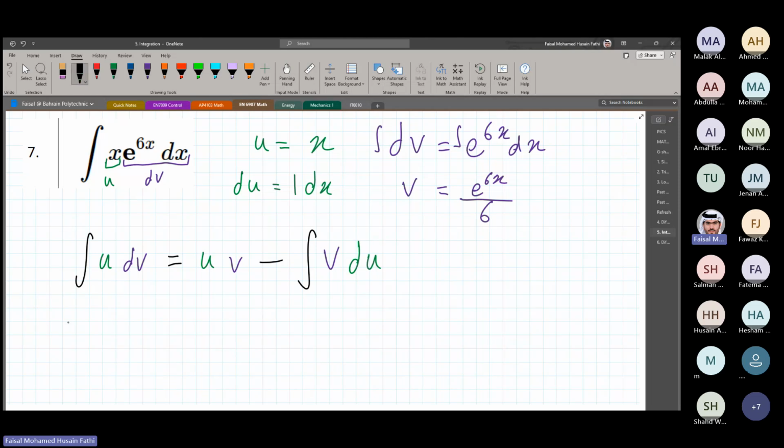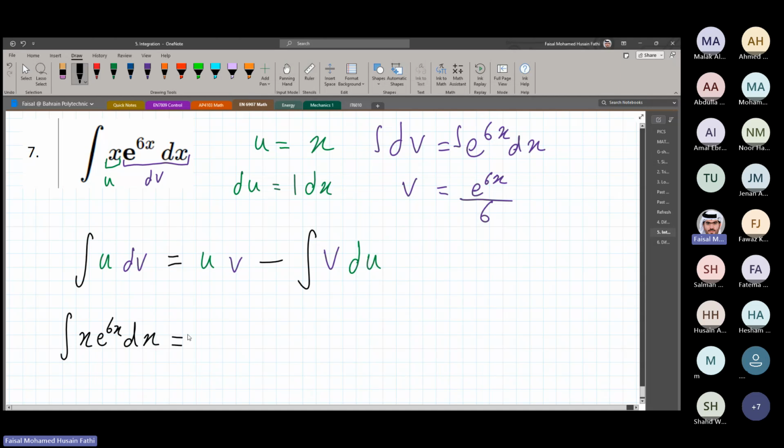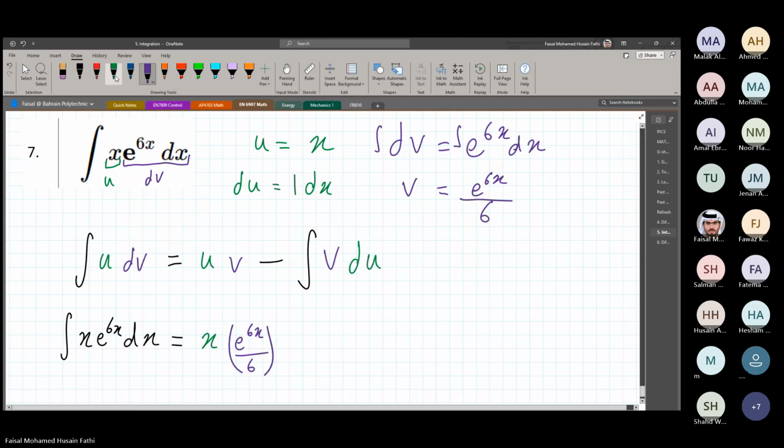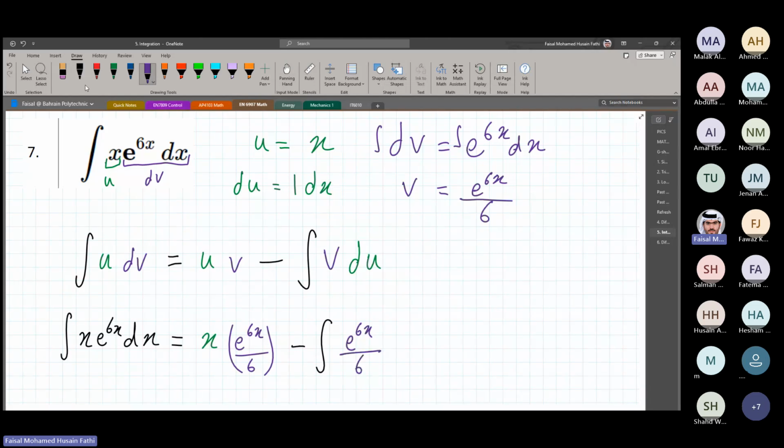So this is basically saying integration of x e to the power of 6x dx is equal to, what is our u? X. What is our v? Our v is e to the power of 6x over 6 minus the integration of v. What is v? Again, e to the power of 6x over 6. What is du? du is simply dx, or 1 dx, which is the same thing. And then you can solve, and done.